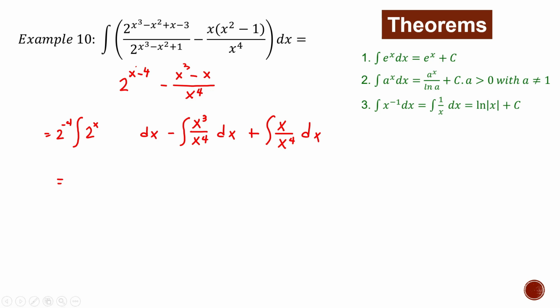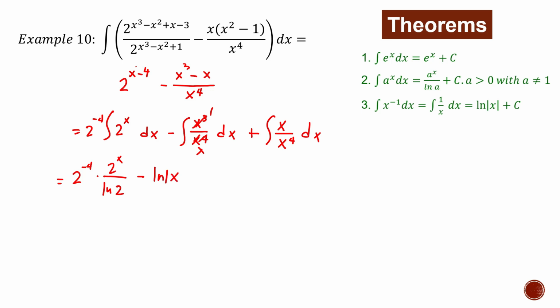So now this will be equal to, since that's 2 raised to x, 2 raised to negative 4 times 2 raised to x all over ln of 2. Minus, this is just 1 over x right here, so if it's 1 over x, that means that will just be equal to ln of x.